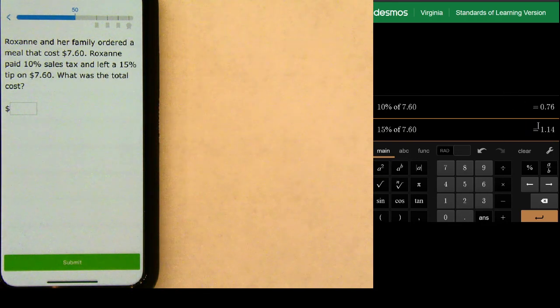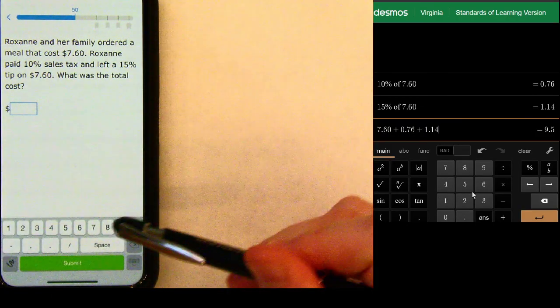And so now, again, I have to add those together to the original amount. So I have the cost of the meal is $7.60. I have the tax amount, which is 76 cents, and I have the tip, which was $1.14. And so in total, it would be $9.50.